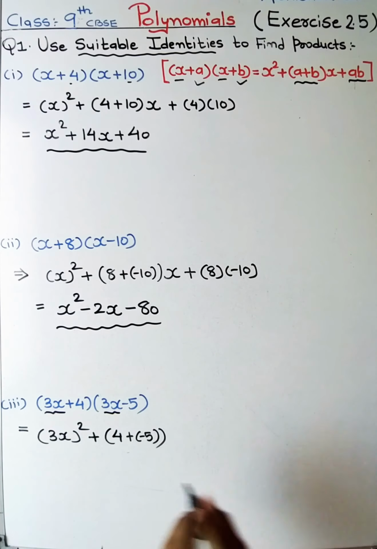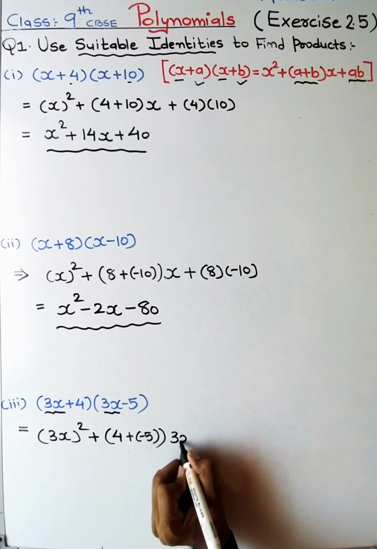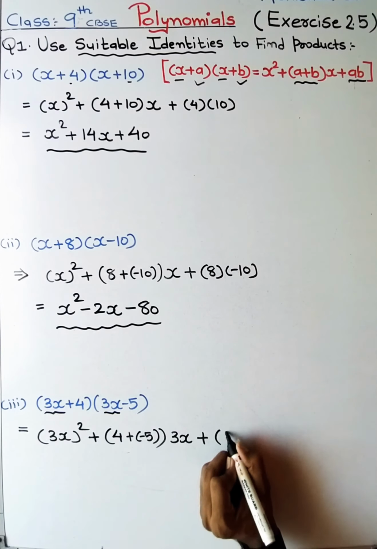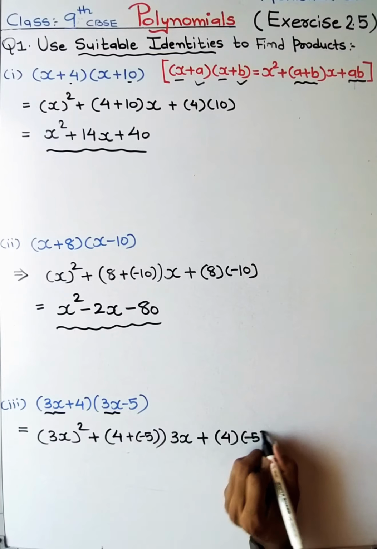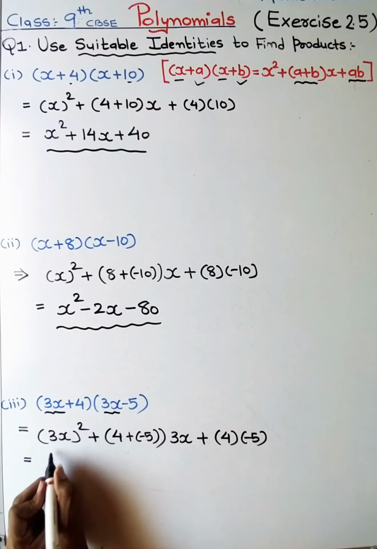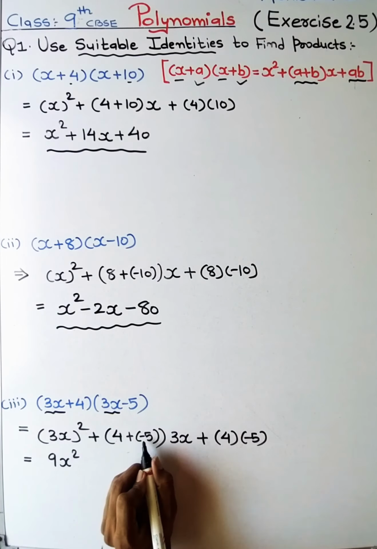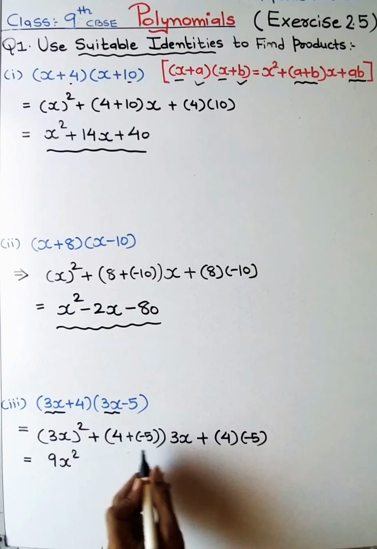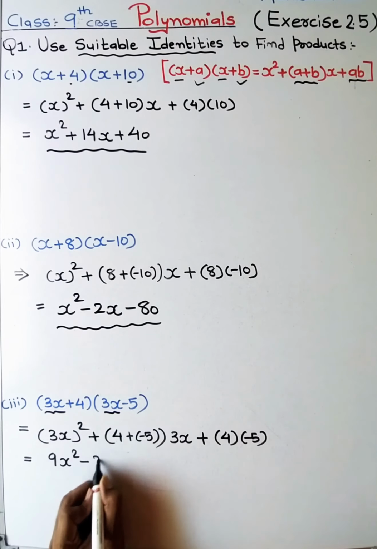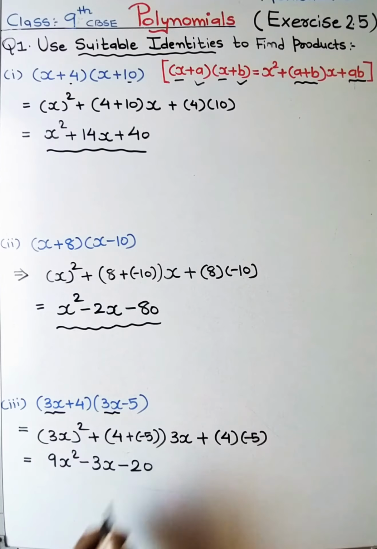So this is common, and here instead of x again we will write the first term, that is 3x, plus the product of two numbers. Solving this, 3 square is 9x square, 4 minus 5 that is minus 1, minus 1 into 3x is minus 3x, and 4 into minus 5 is minus 20.